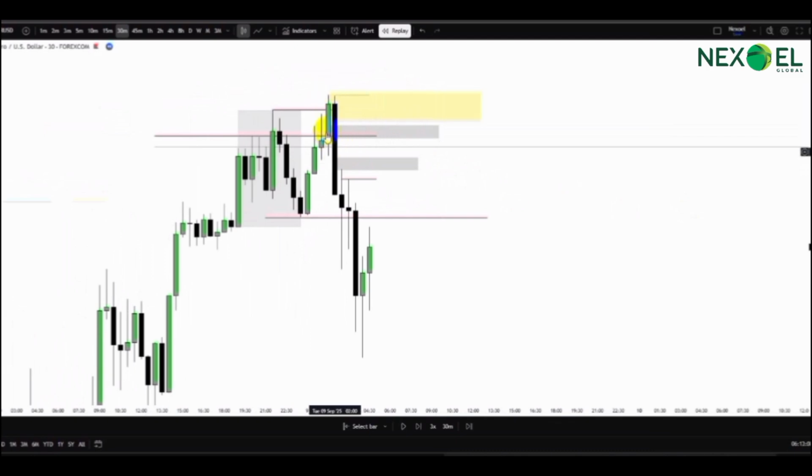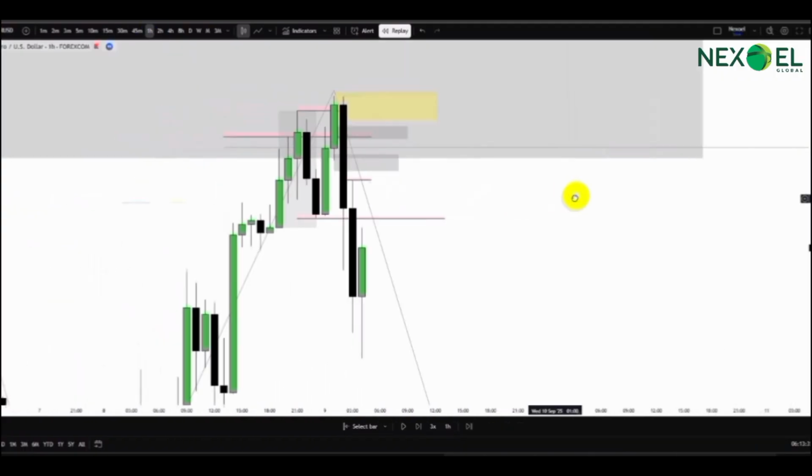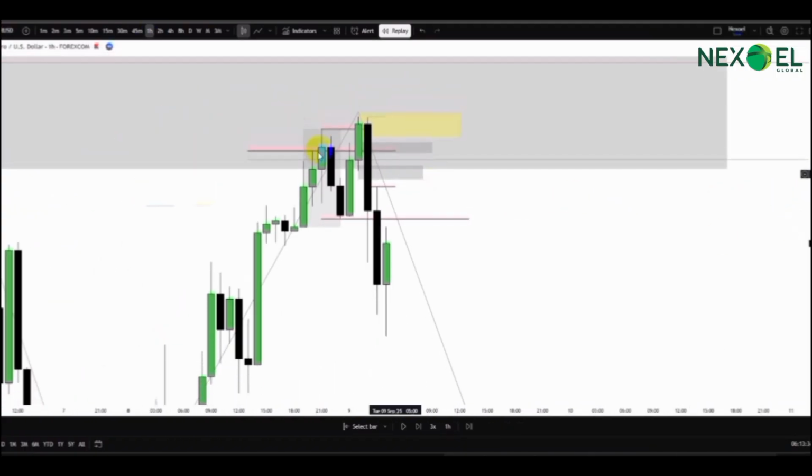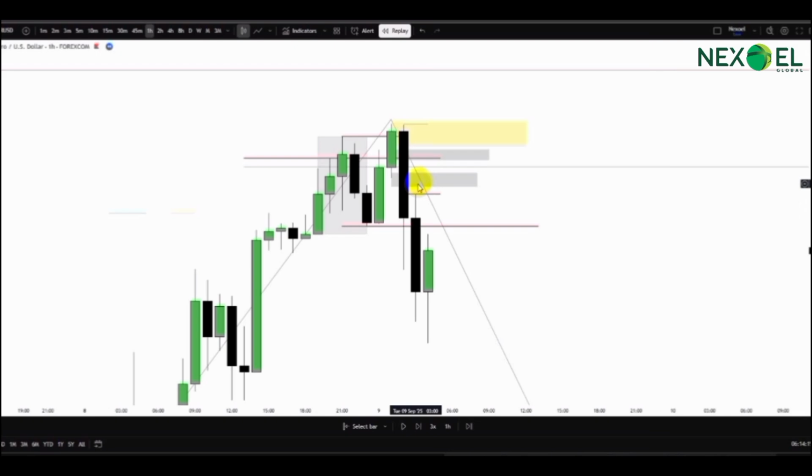The next fair value gap in the 15-minute time frame is also in confluence with a fair value gap here in the 30-minute time frame. In the 1 hour time frame, the fair value gap in the 15-minute and the fair value gap in the 30-minute are in confluence with a fair value gap here in the 1 hour time frame. So basically, this is the 1 hour bearish order block.